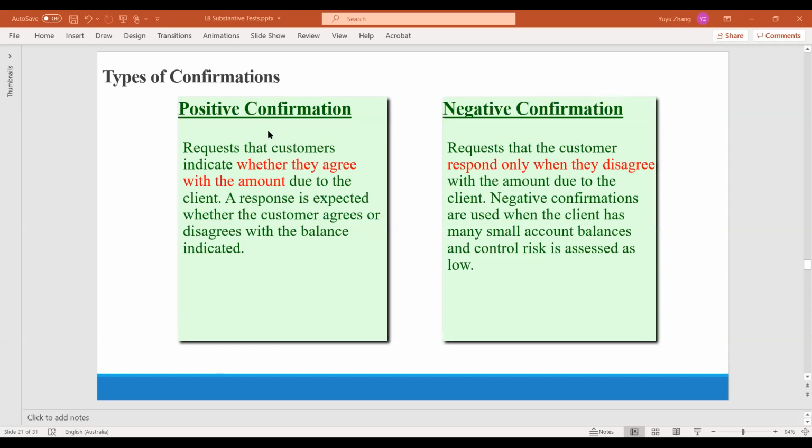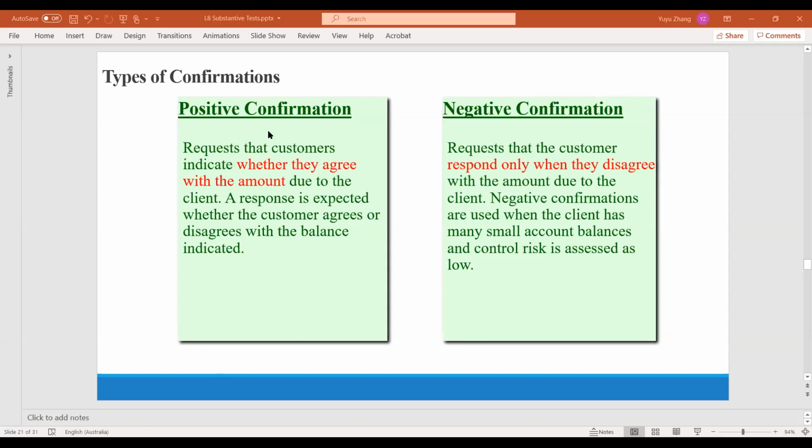For negative confirmation, the customers are only asked to reply when they disagree with the amount shown in the confirmation documents. In this sense, of course, positive confirmation documents are more powerful.